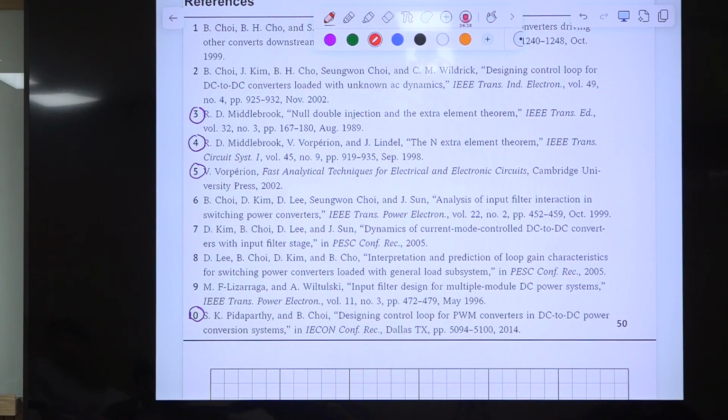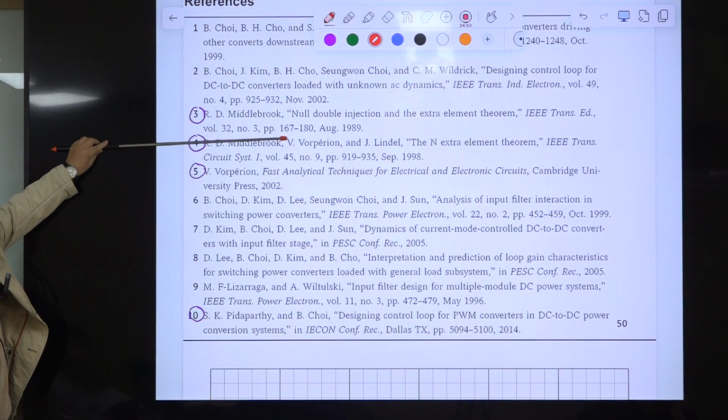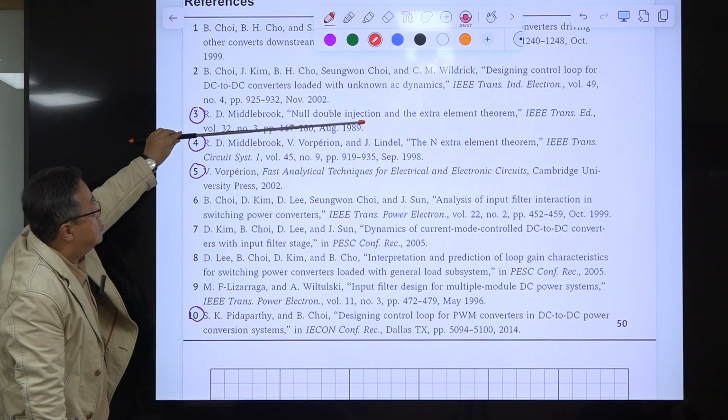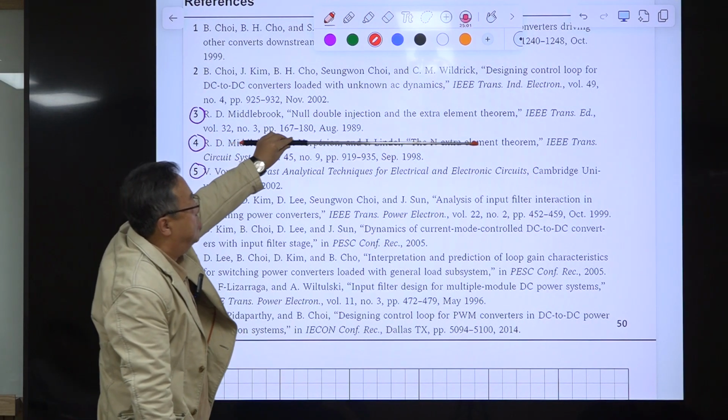Some references. Still, I have 1 minute. So, this is the paper. Our father, Dr. Middlebrook, introduced the concept of null double injection and the extra element theorem.